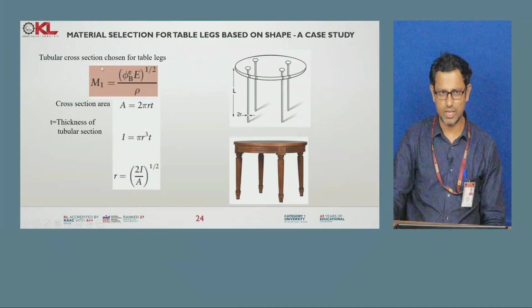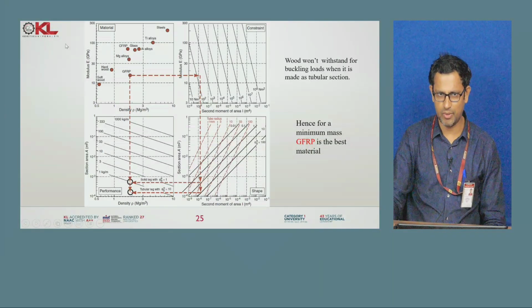So the tubular cross section here I am considering, and for this tubular cross section the material index is given by this value, and the cross section area is 2 pi r into thickness, and this is the moment of inertia. Since the radius r of this tubular leg is the free variable, I am deriving this in terms of r, and I have to select the material with respect to shape as well as the material.